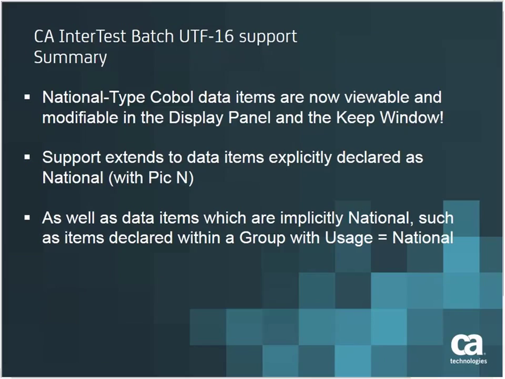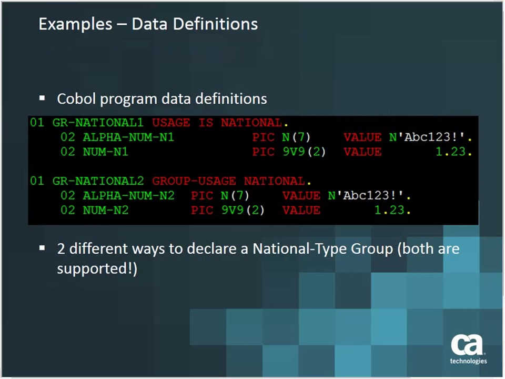There are two ways that data items can be declared as national. That's explicitly using the PIC N tag, as well as implicitly when data items are declared underneath a group with the usage being set to national, and those are both supported. Just to go through a couple of examples to show this new functionality, here are some sample data definitions.